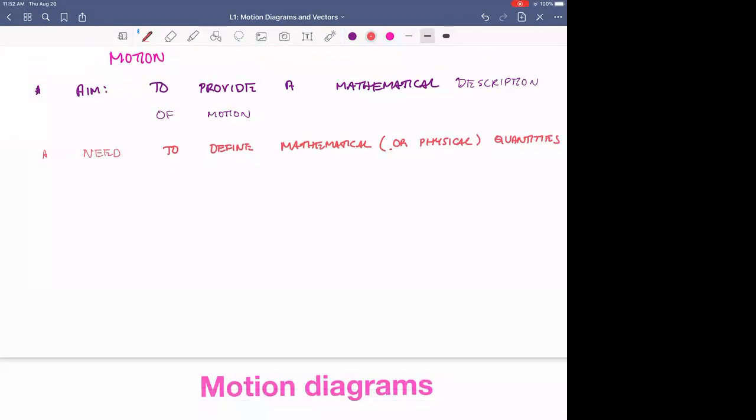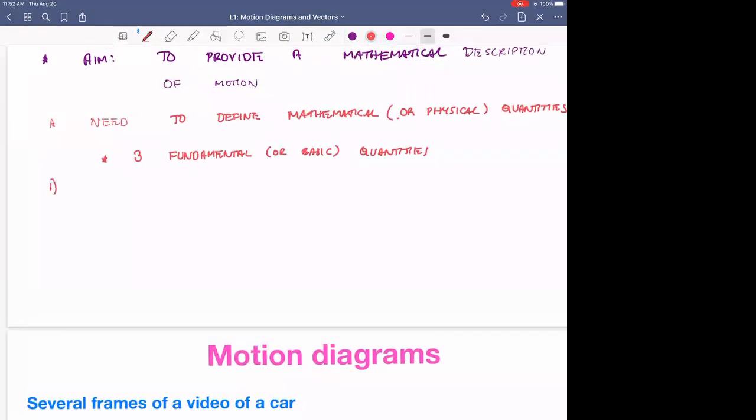As it turns out, in the study of motion, there are three fundamental, or basic quantities. And again, we're talking about an object moving from one point to another in time.